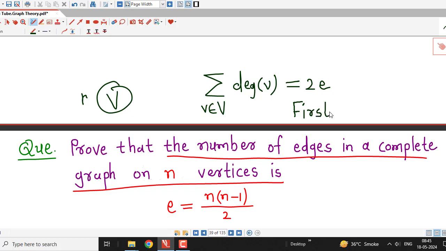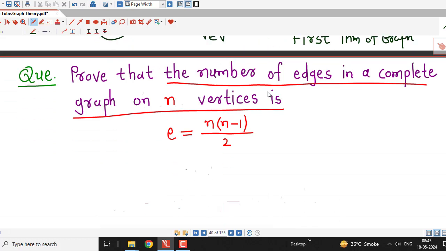Another name for this result is the first theorem of graph theory, which says that the sum of degrees of all the vertices in a graph is equal to twice the number of edges.